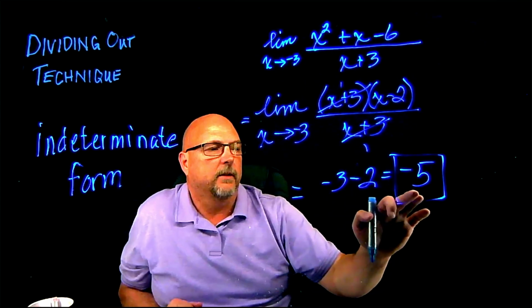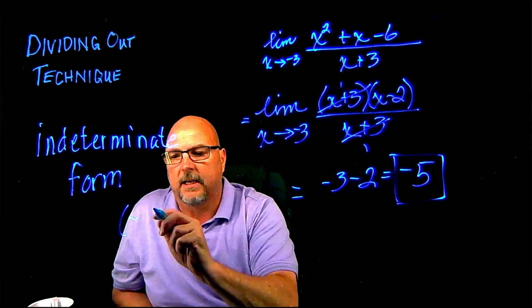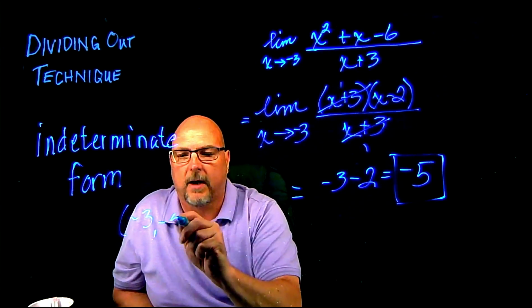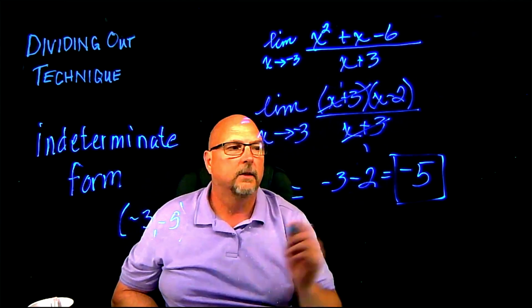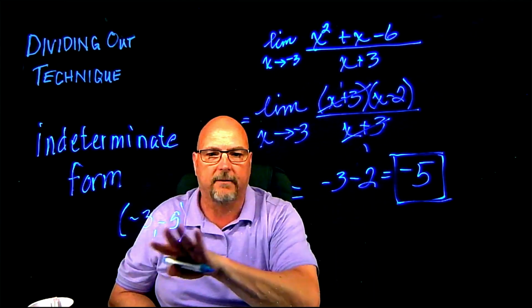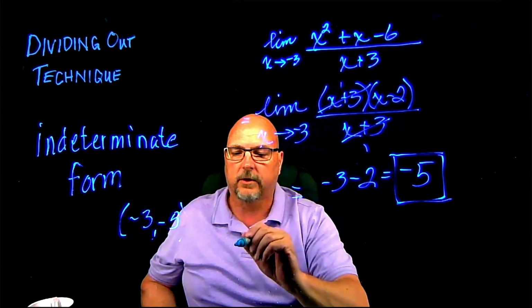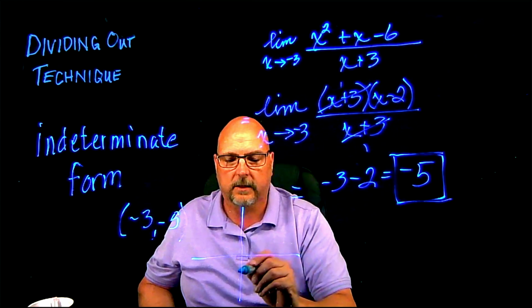However, the point (-3, -5), again, is not on the graph, right? It's a gap in the graph. Let me scooch and give us a graph here.